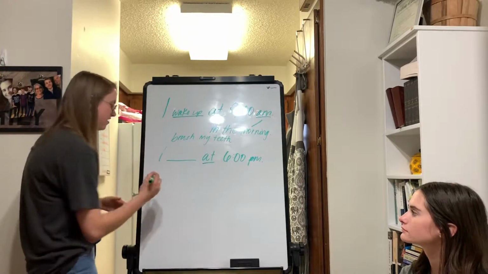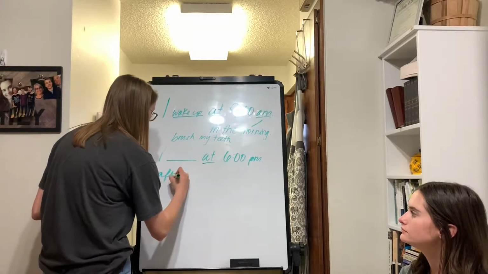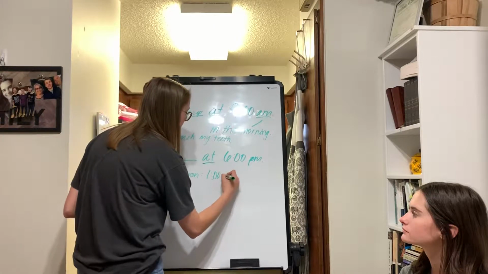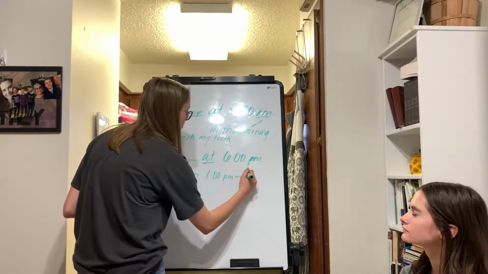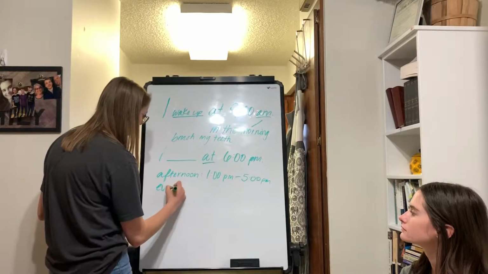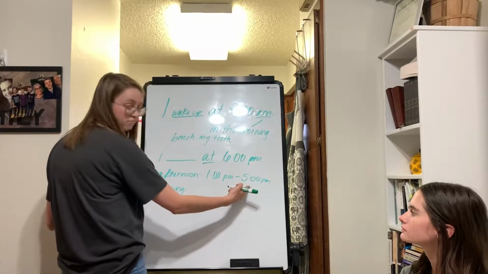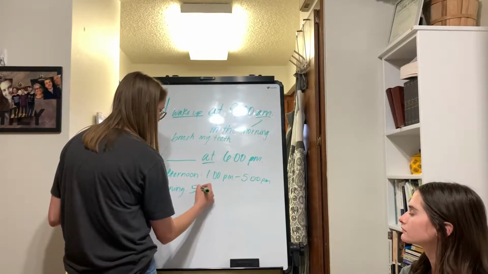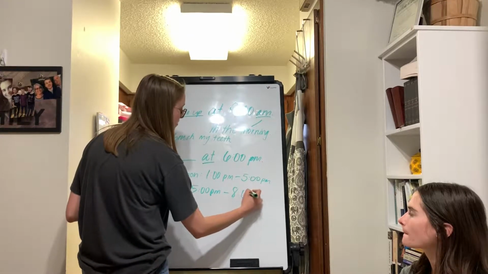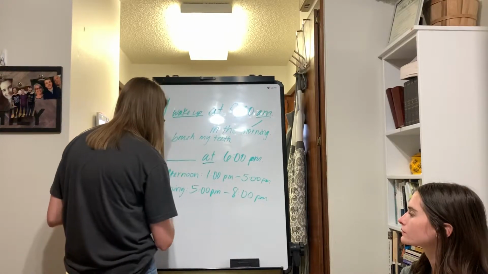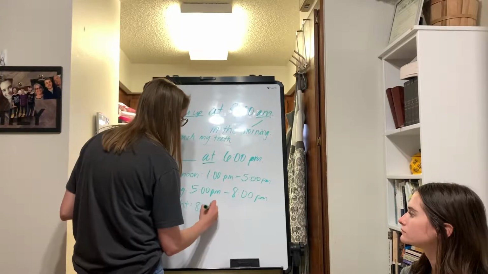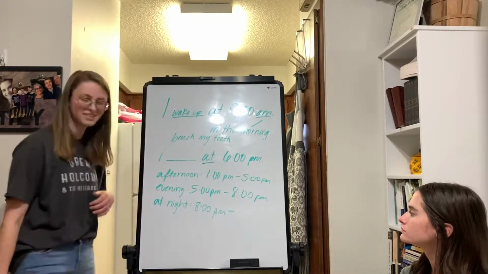So I would say that the afternoon is probably from maybe 1 p.m. or noon to 5 p.m. And then I would say the evening would be from 5 p.m.-ish to, let's say, 8 p.m. And then at night, I would say it's anytime after 8 p.m. Does that make sense?